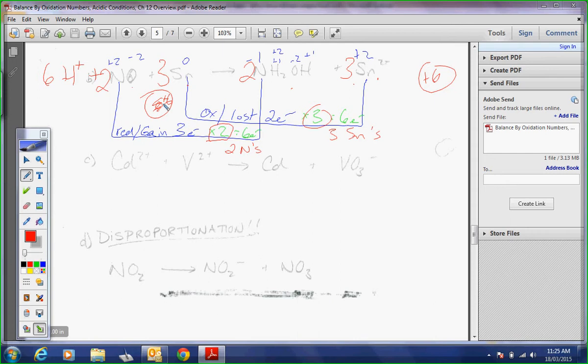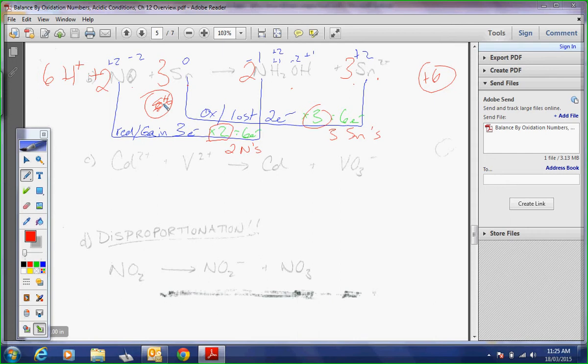And then what's my step after the hydrogens? Water. So how many waters am I going to need? Well, where am I going to need my waters, first of all? On the right. Normally it's the opposite side of where you put your H pluses.